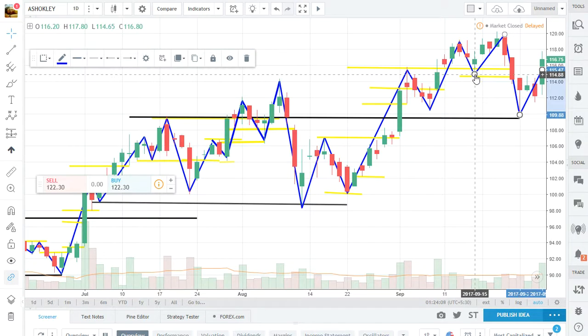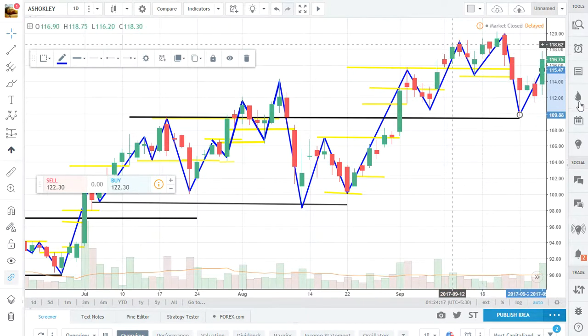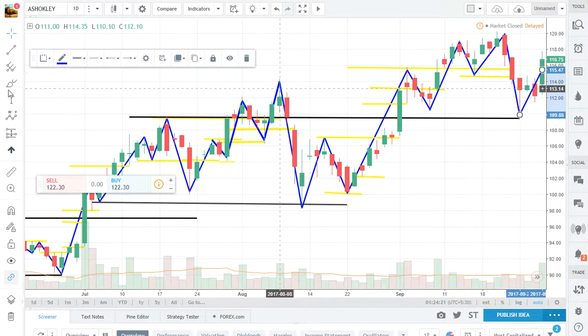This has broken the swing low of the uptrend, which means the pressure is on from the downside, but it can make a swing low from here also. This is the last resistance, and it has broken the resistance. The next resistance that is standing is right now here.